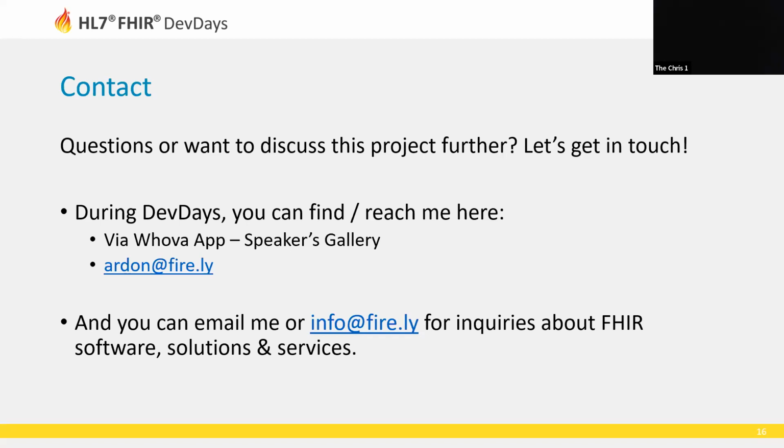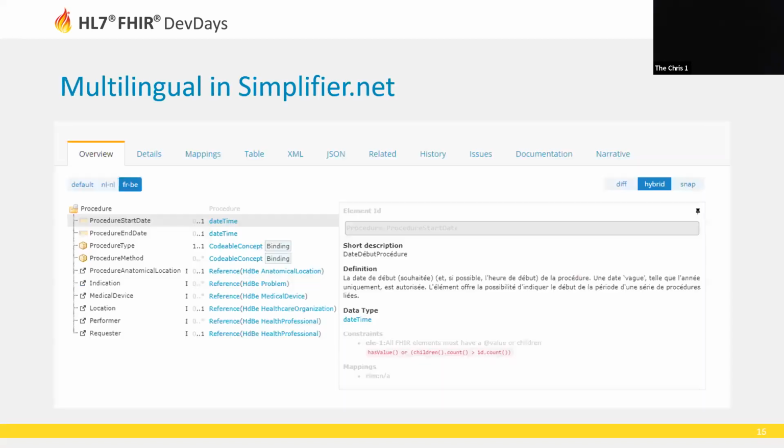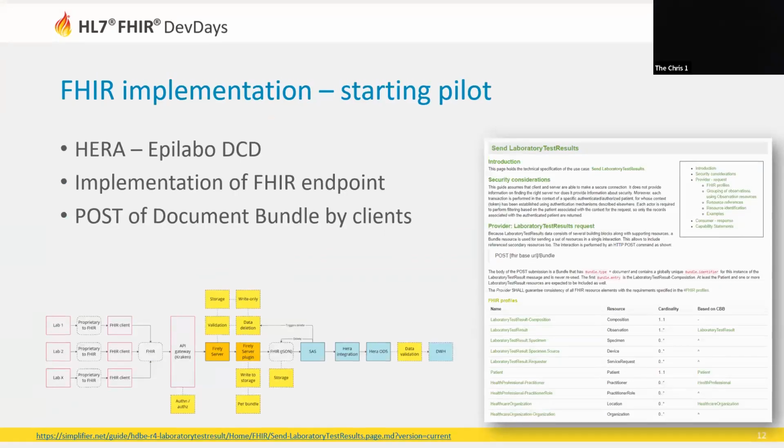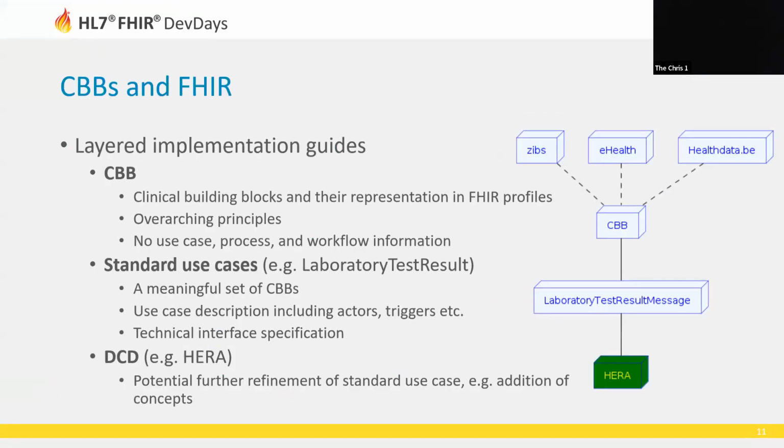You had slides with 3-layered implementation guides. These are not FHIR implementation guides. How do you mean? Or do you represent it in a FHIR implementation guide? No, they're published, these are completely different apart from the name implementation guide.